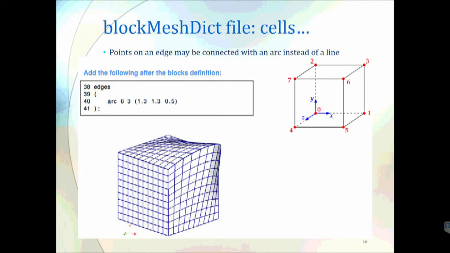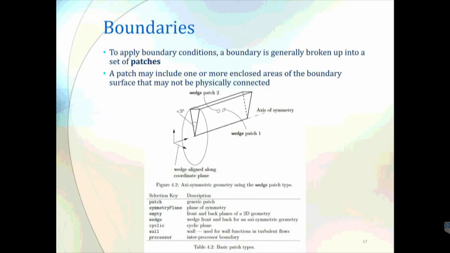If you want to define a curved line joining 2 vertices, we simply specify this edges list. And we have different ways of specifying the curve. But if we don't want to specify the curve, then we can simply leave this blank. Don't put anything. Of course, you have to put the edges list, but inside there will be nothing.